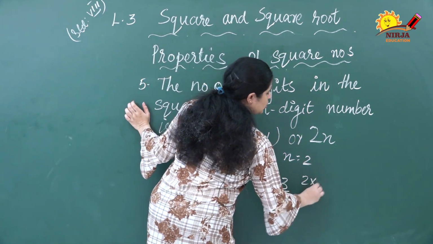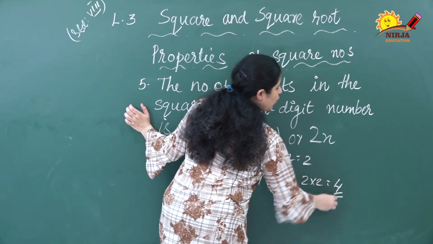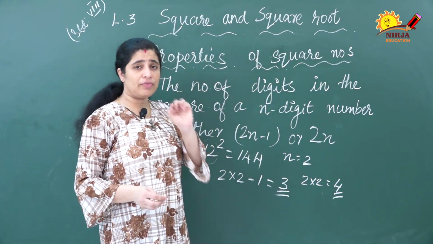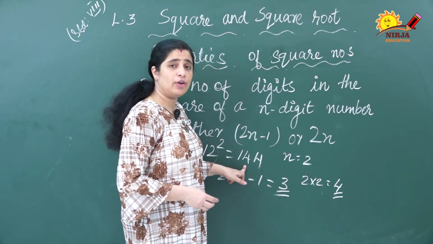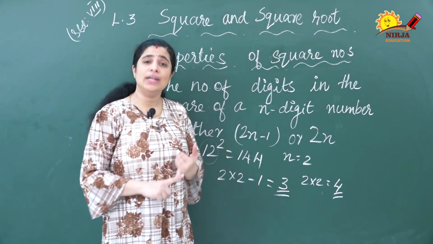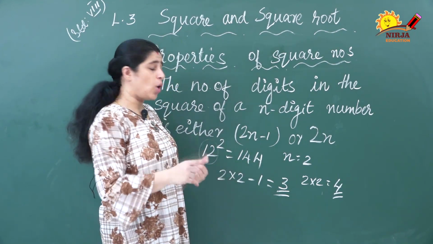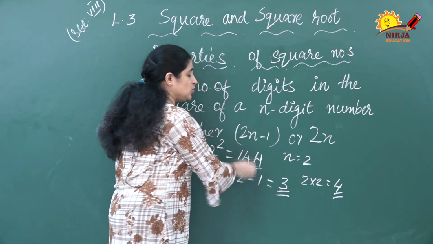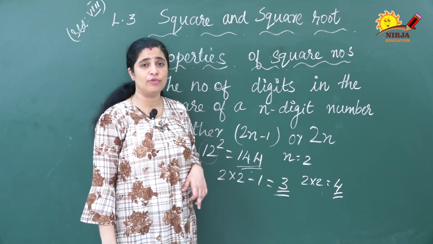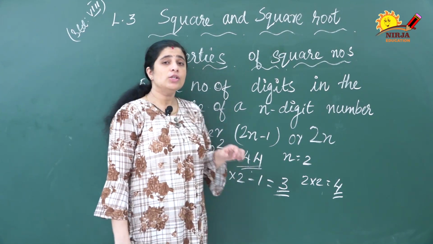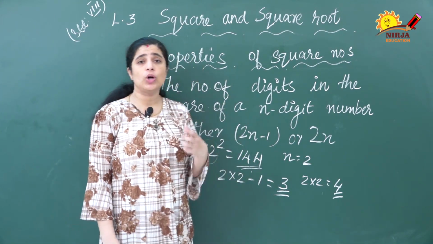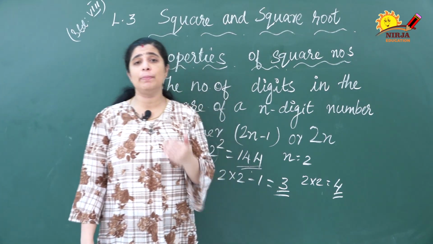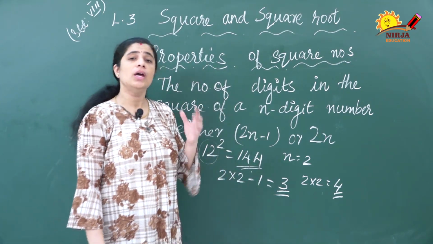Otherwise 2 into 2 equal to 4. That means the square of the number, that means 144, will have either 3 digits or 4 digits. You know that here it is a 3 digit number. 144 is a 3 digit number. So using this property you come to know how many digits will be there in the square of the given number.